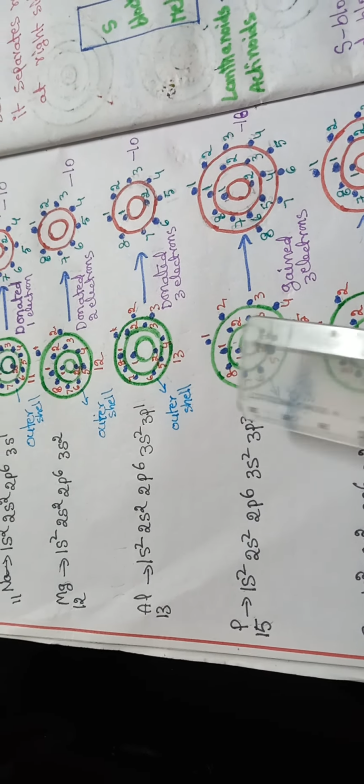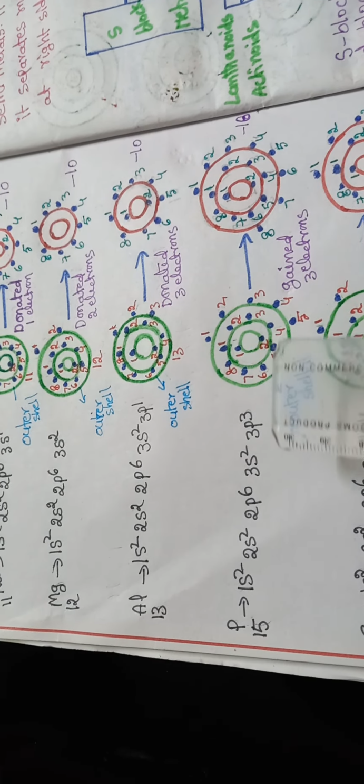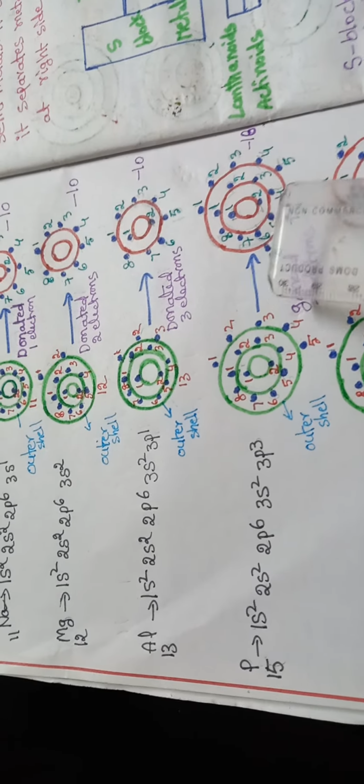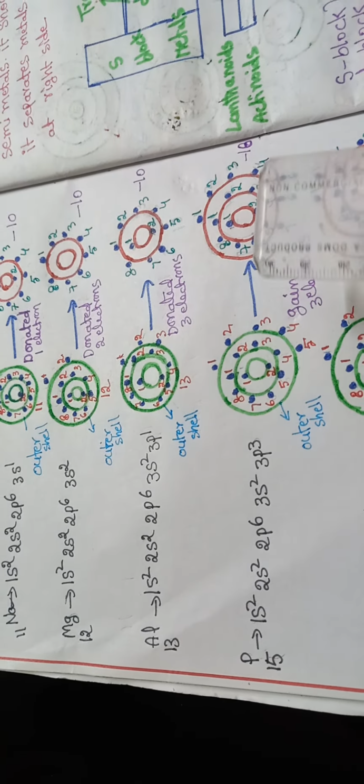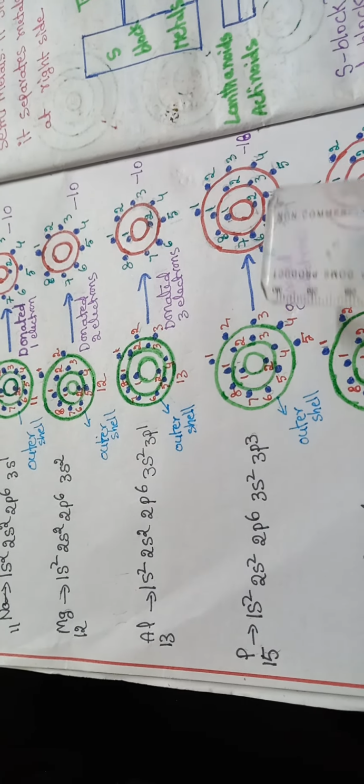So 5 plus 3, totally 8 electrons are in the outer shell. First the electrons of phosphorus are 15. After getting 3 electrons, the total is 15 plus 3, 18 electrons, and the outer shell contains 8 electrons, so it gets the octet position and stability also.